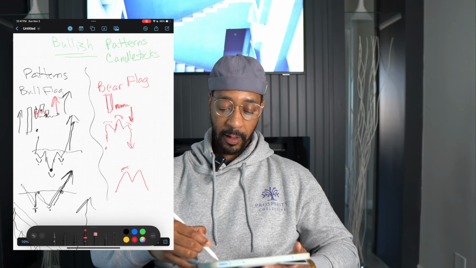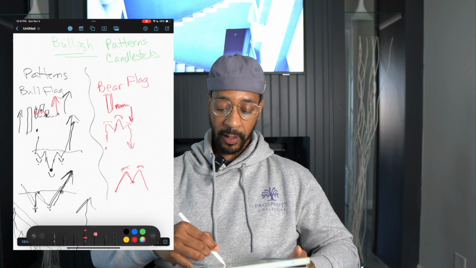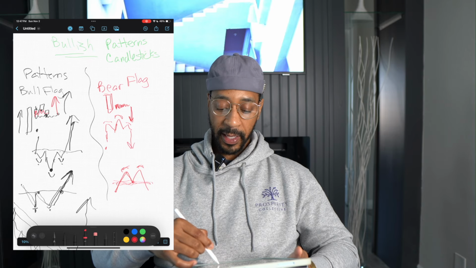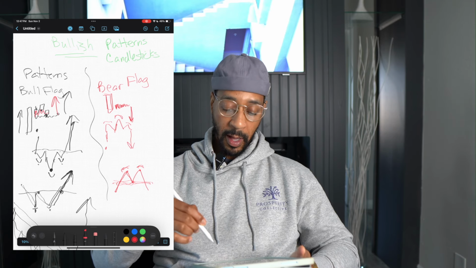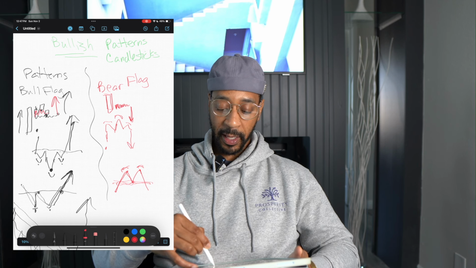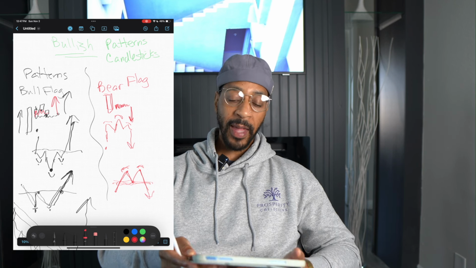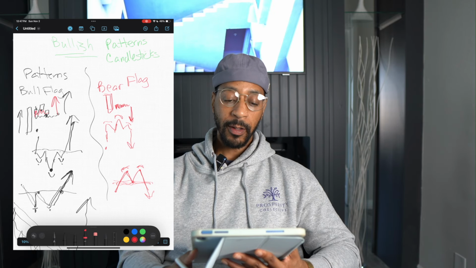We have a top here, we have a top here. It came up, came back down right here. This is called the neckline. It came back up and it rejected at the same area of where the other height was. And then look what happened. It comes down here. That is a double top. That is another bearish pattern. Not candlestick, but a pattern.